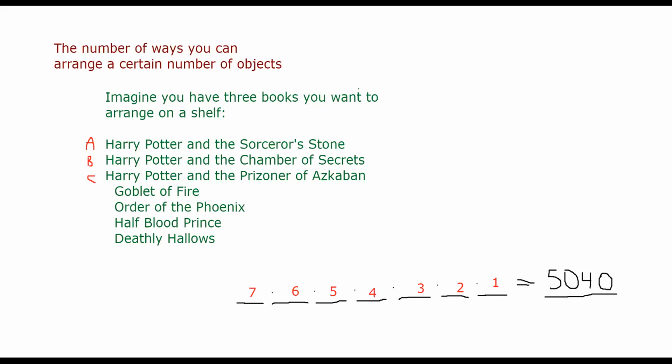This is called the factorial. And it uses the exclamation mark to symbolize it. The way we do it, we would say that this is 7 factorial, 7 with the exclamation mark.